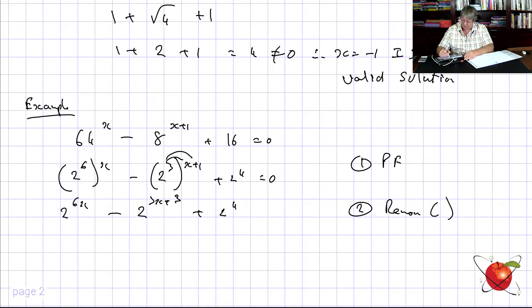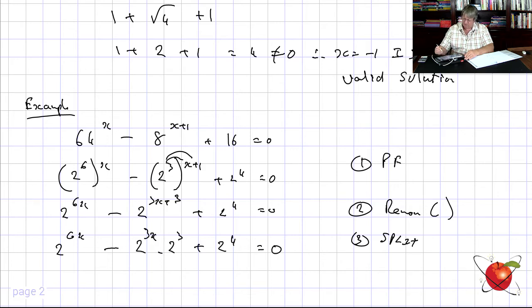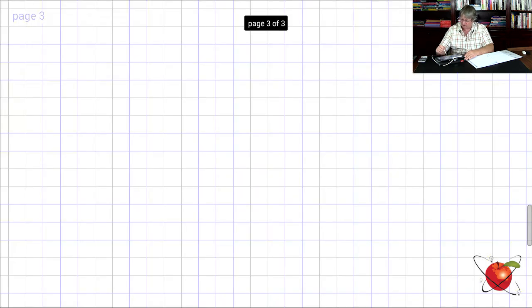Plus 2 to the power of 4 is equal to 0. Next we said split, didn't we? We're just following the recipe. We don't know where we're going at this stage, but let's try. Minus 2 to the power of 3x times 2 to the power of 3, plus 2 to the power of 4 equals 0. And at this point, we come to a grinding halt.